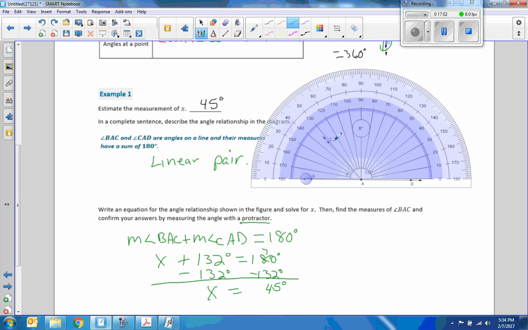Oh, not 45. I was going to say that looks a little off, so I'm glad I checked it with the protractor. I noticed an error in my calculation. I subtracted incorrectly right here. 10 minus 2 is not 5, it's 8. 7 minus 3 is 4. X is 48 degrees.